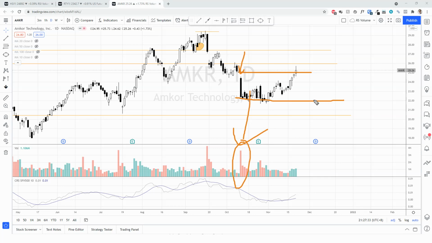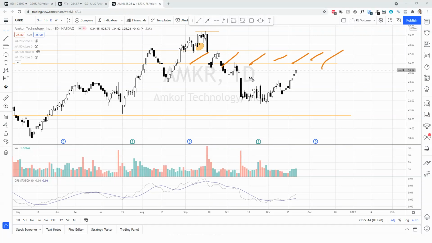So right now is probably not an entry because it's kind of testing the resistance area. If it can settle a bit or have a pullback, maybe you can rely on the localized support area with a stop maybe slightly below 23 or 22, so somewhere around here.